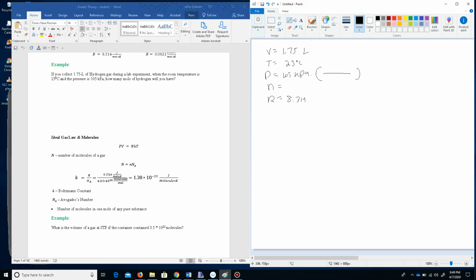It's in kilopascals. That's an easy conversion. 1 kilopascal is 1,000 pascals, so we'll be multiplying this by 1,000 to get 105,000 pascals.